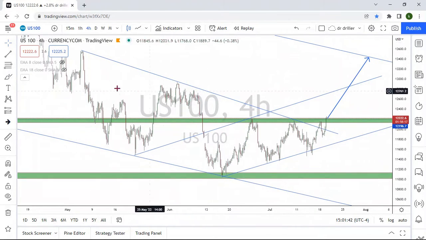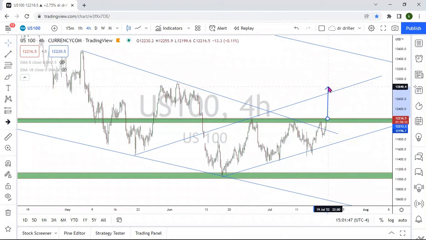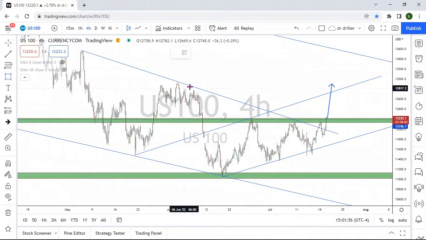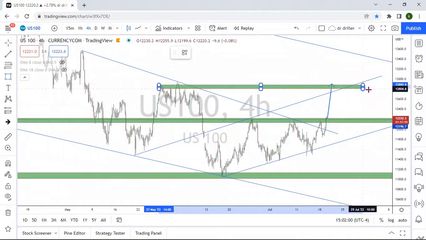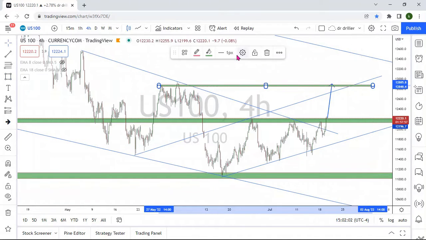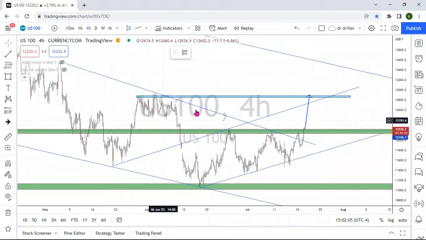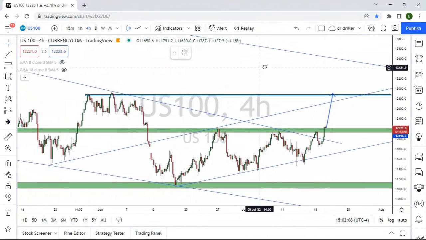So we are looking forward to at least take our market from that level to just around these areas over there, right?